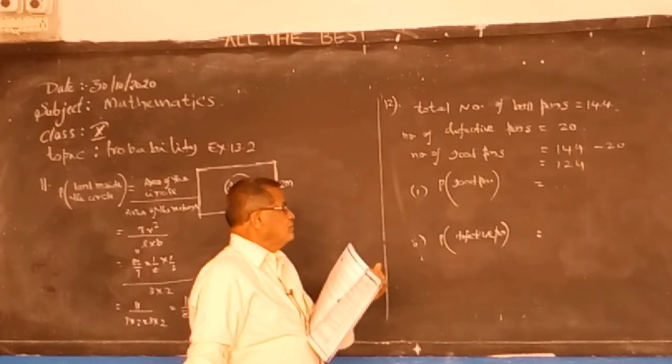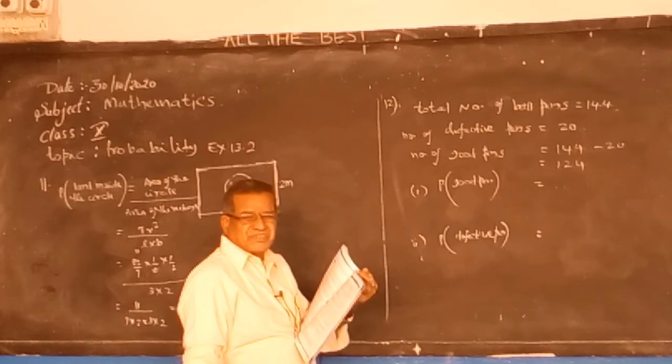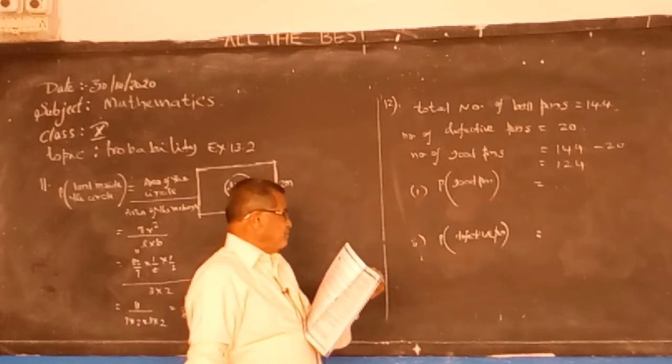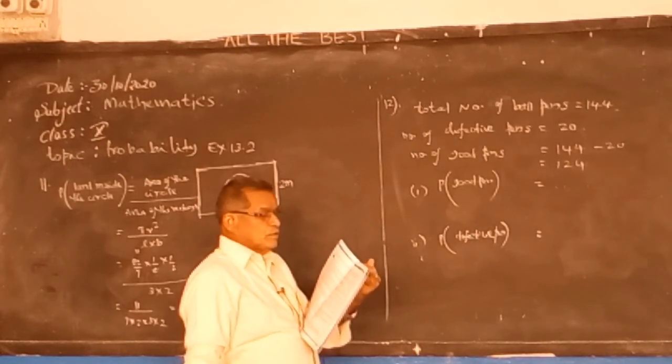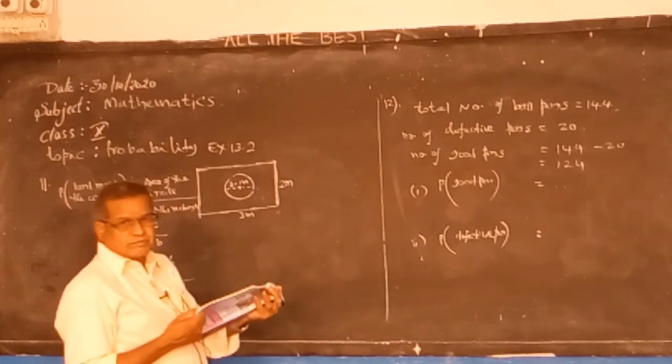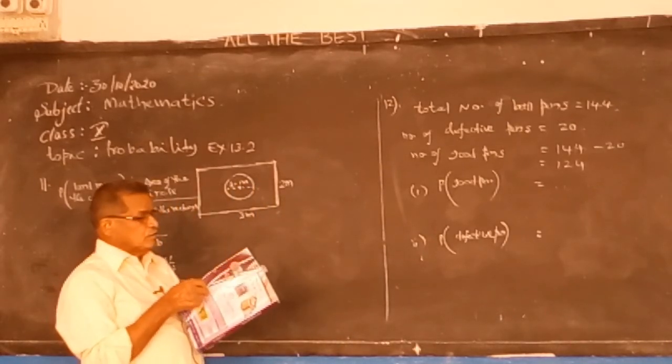So the probability of good pens is 124 by 144. And defective pens, 20 by 144. Write down and solve.